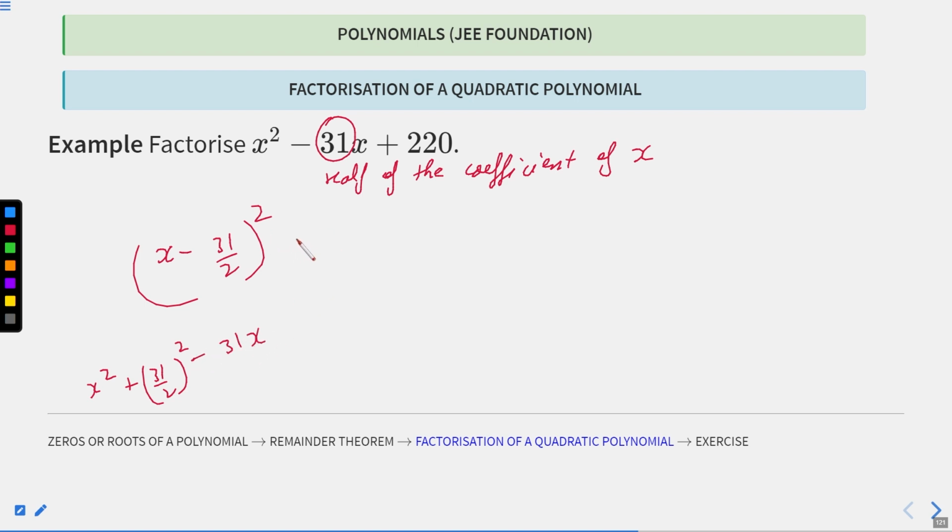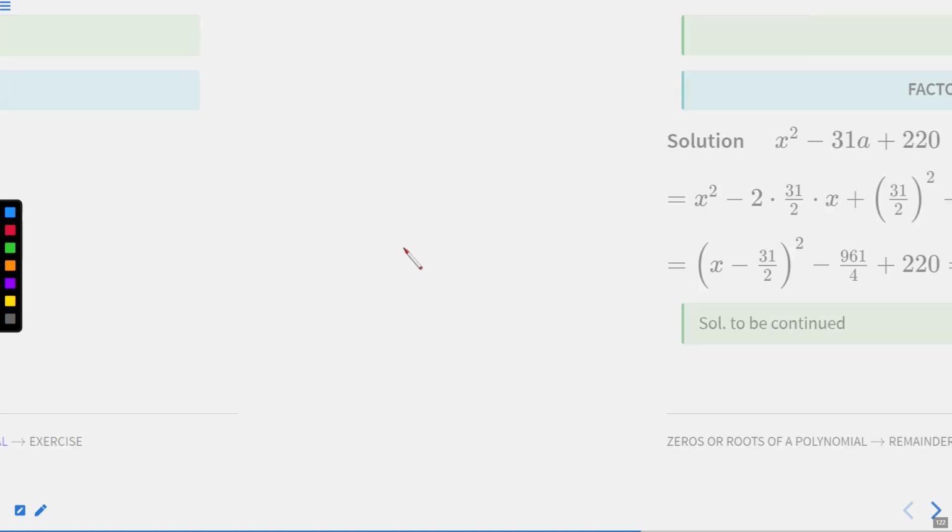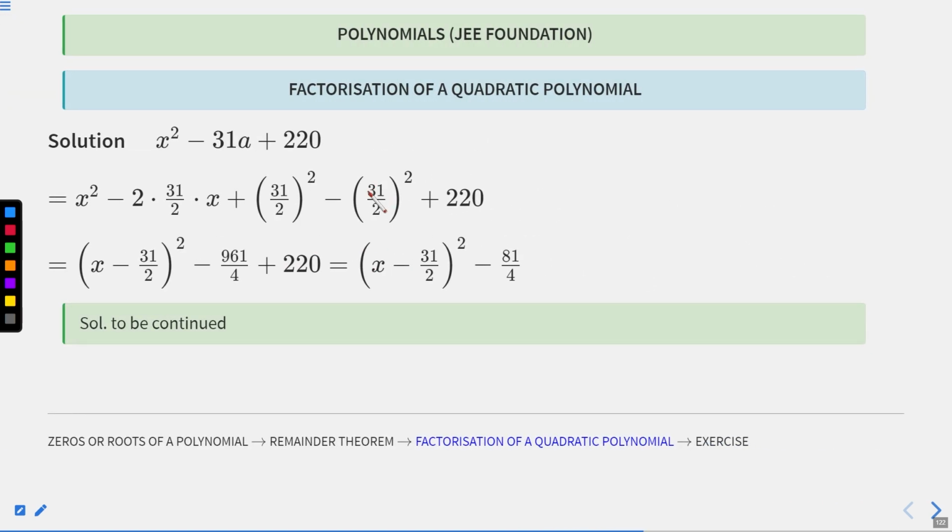So this means we already have 220, we use this, so this means 31 by 2 whole square, this means 31 square by 4. Just simplify it, you will get your final answer. So after simplifying it, you will get this. I hope this is clear till this step.